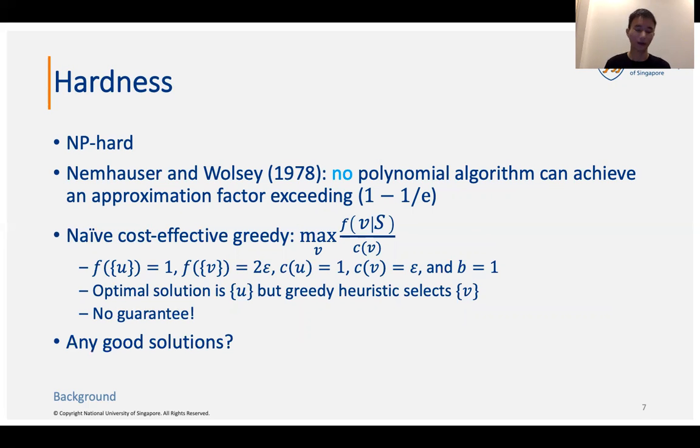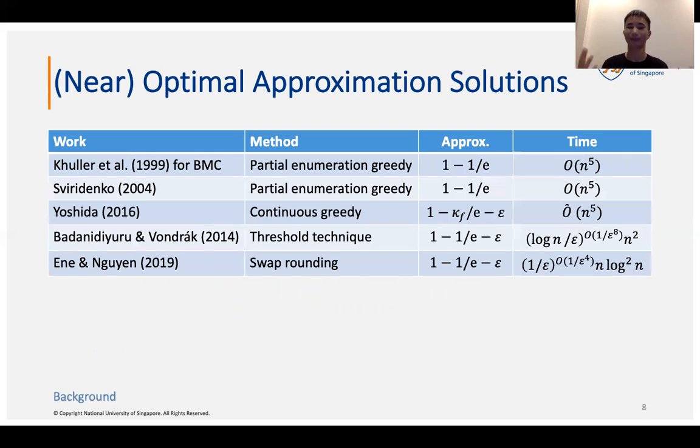So a question arises: is there any good solution? That means, can we construct some approximation algorithm that has a constant factor? Here are some efforts. In fact, these algorithms can achieve the optimal approximation factors.